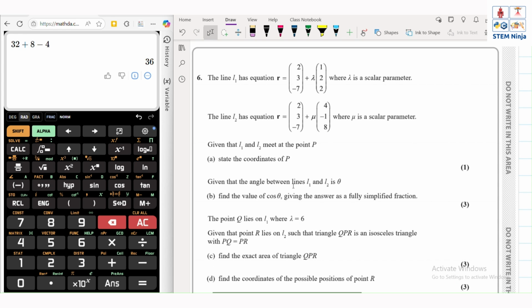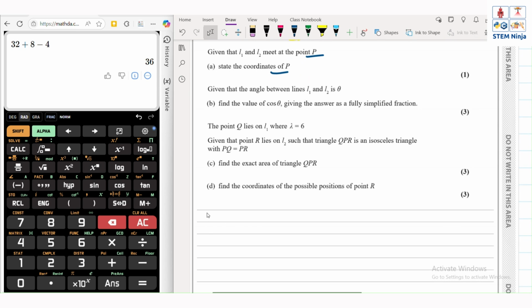The line L1 has equation r is equal to (2, 3, minus 7) plus lambda (1, 2, 2), where lambda is a scalar parameter. Line L2 has equation r is equal to (2, 3, minus 7) plus mu (4, minus 1, 8). Given that L1 and L2 meet at point P, find the coordinates of P. So this doesn't require any calculation because this is staring us right in the face.